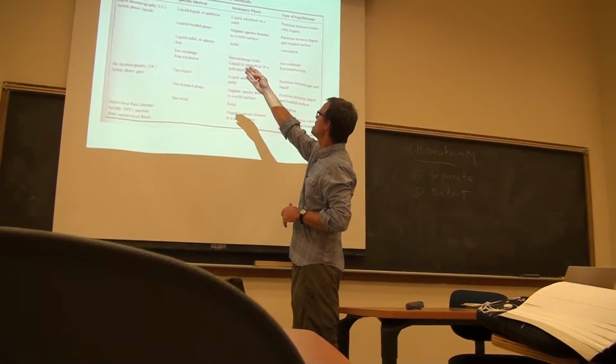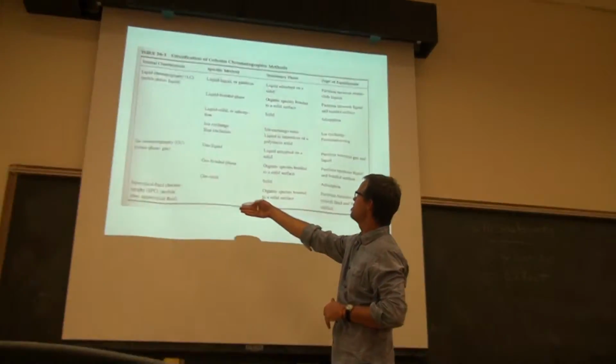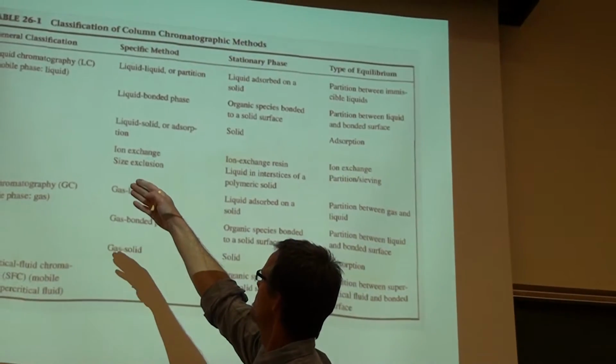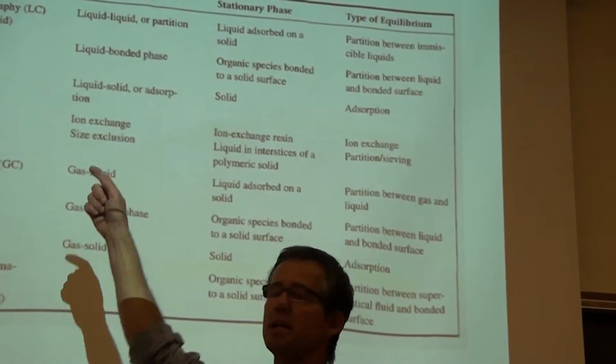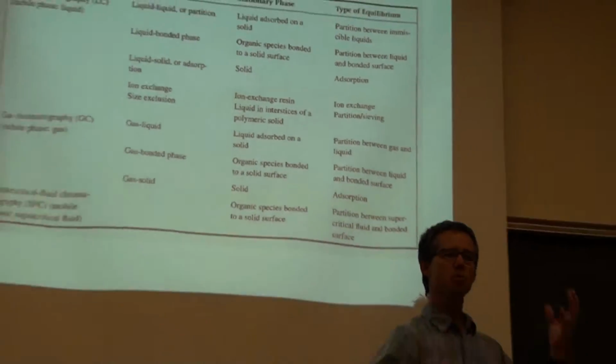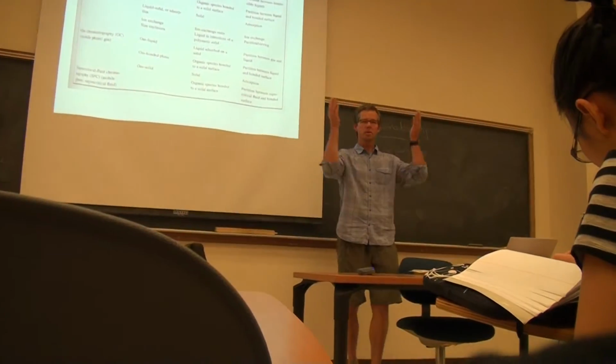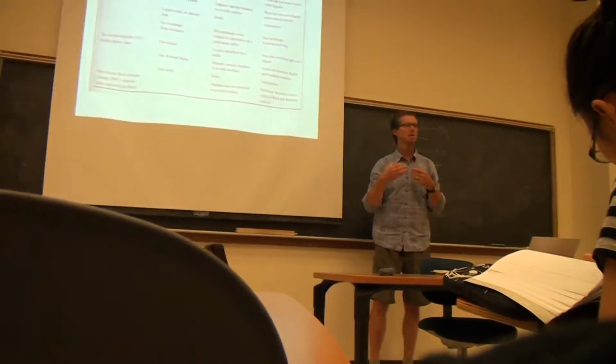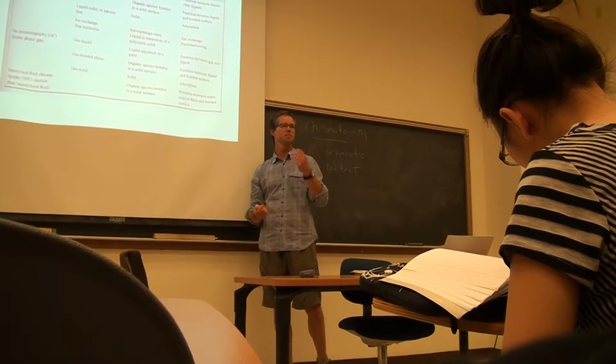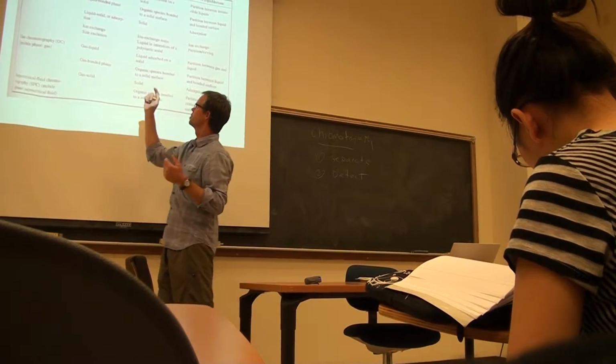And you can look across, when they classify the chromatographic methods, the general classification might be liquid chromatography. What that refers to is that the mobile phase in which the analytes are initially dissolved, that you load onto the instrument, is in some liquid form, right?